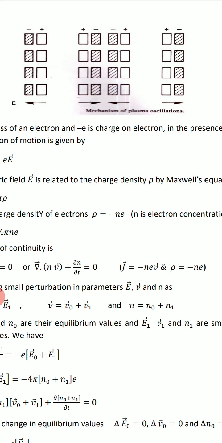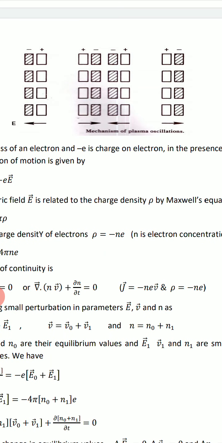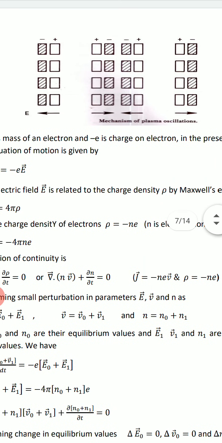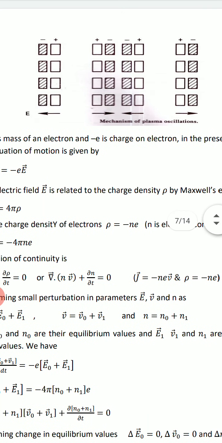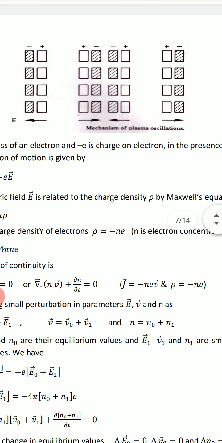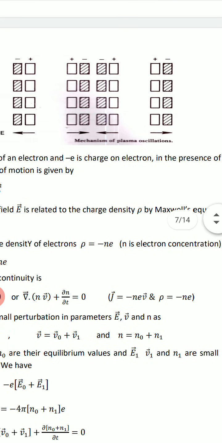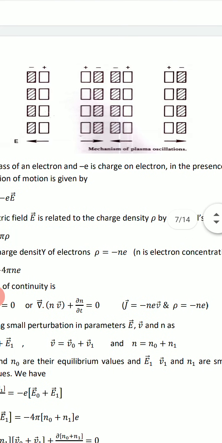But due to inertia of electrons, these electrons will overshoot and oscillate about their mean positions. So in this way, the oscillations of electrons are produced, and the frequency of such oscillations is known as electron plasma frequency.